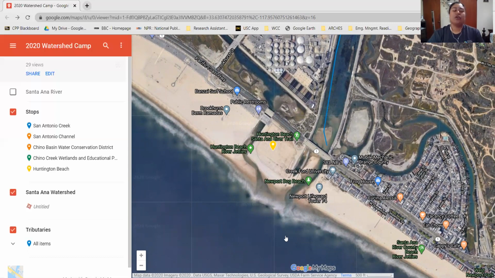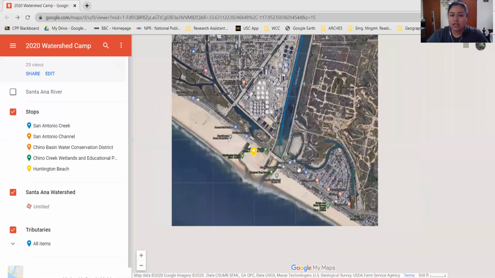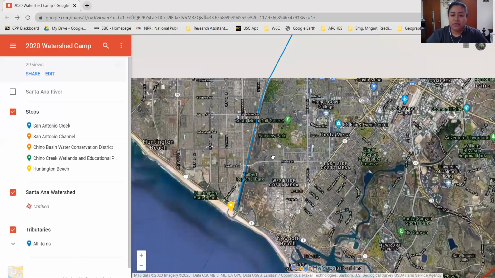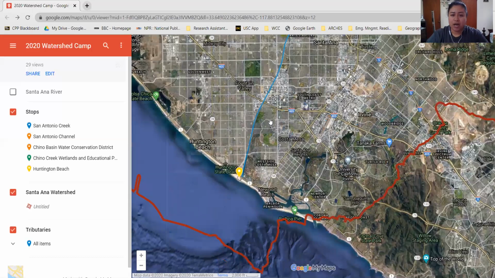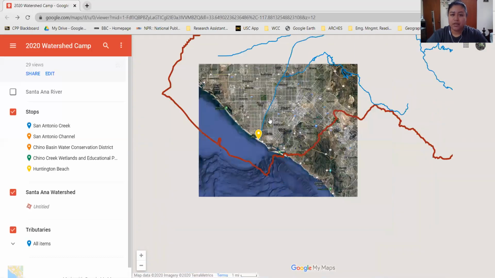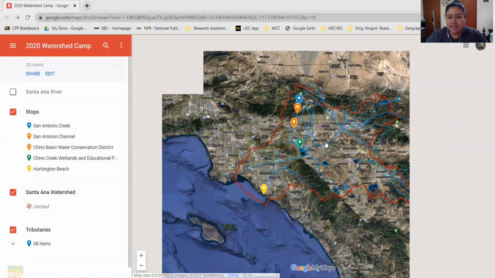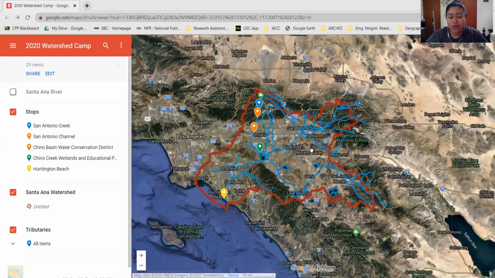Now, this can be water that comes from all of the other streams, or it can even be the water that comes from OC Sanitation. So this is our watershed. And if you went to all of the spots, you traveled a very long distance. So you can see that the watershed is pretty big.